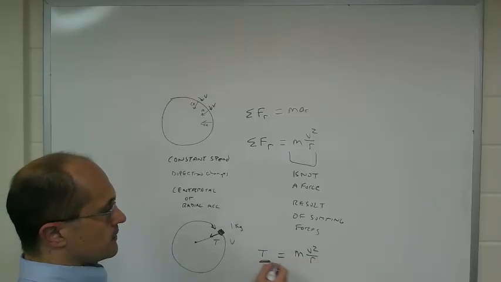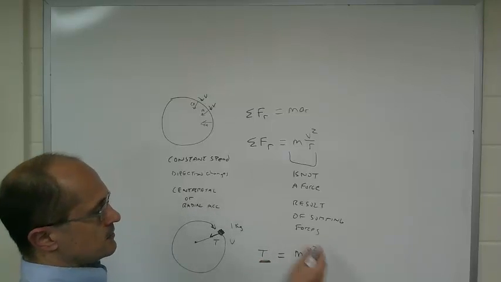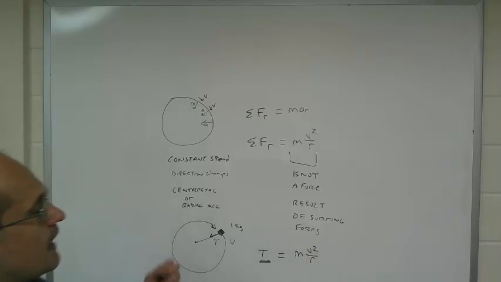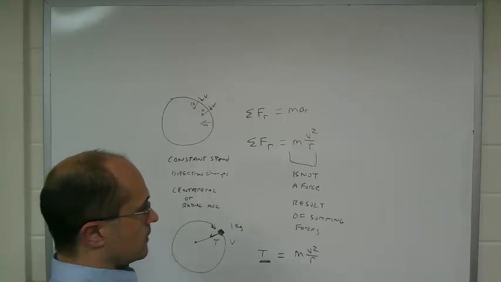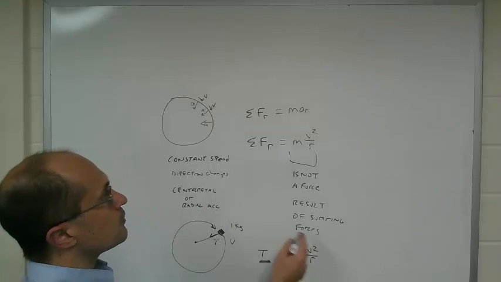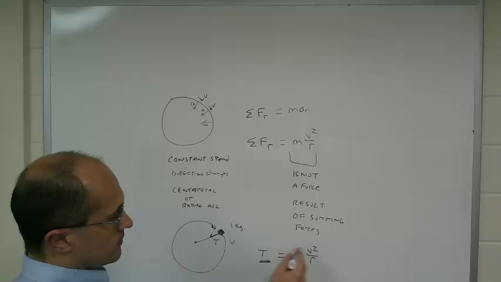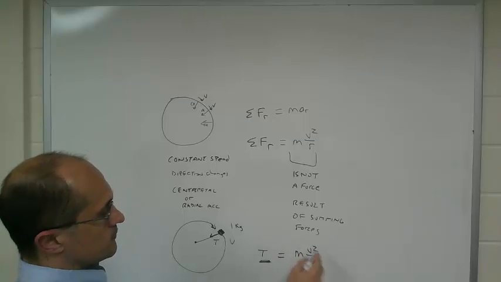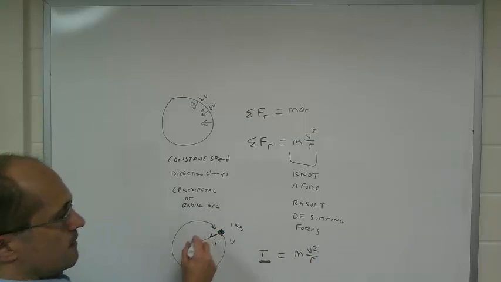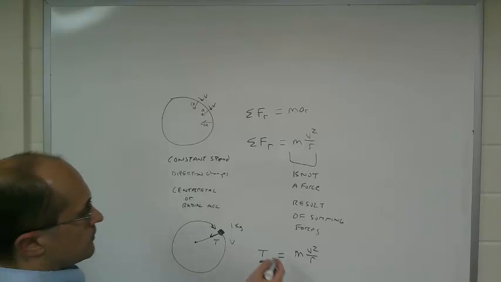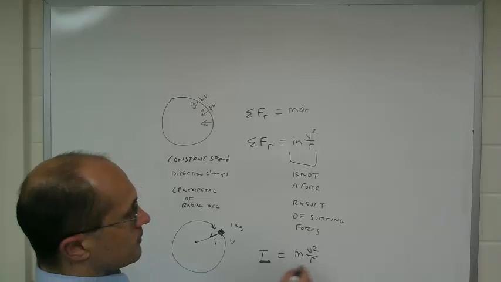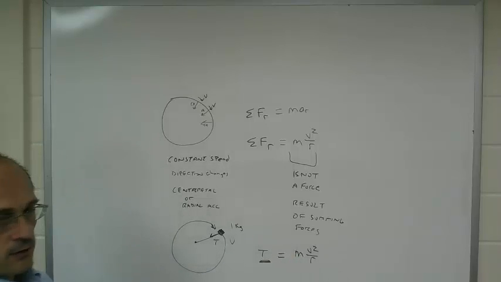And if this force can't supply this amount, then the object will not maintain that circular motion. Something else will occur. So this is the condition for how much force you need to maintain that circle.